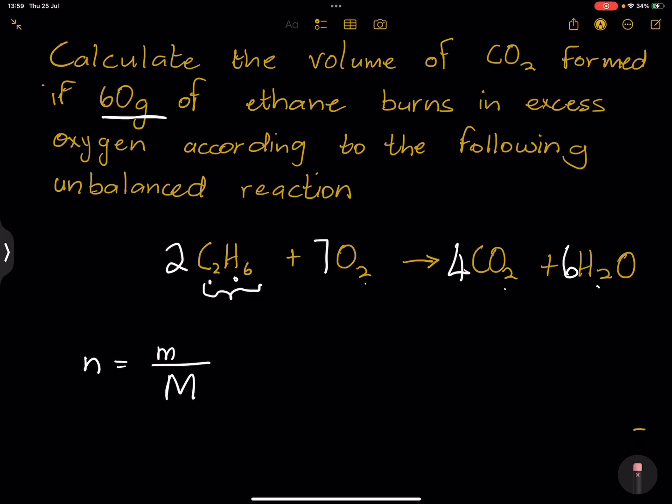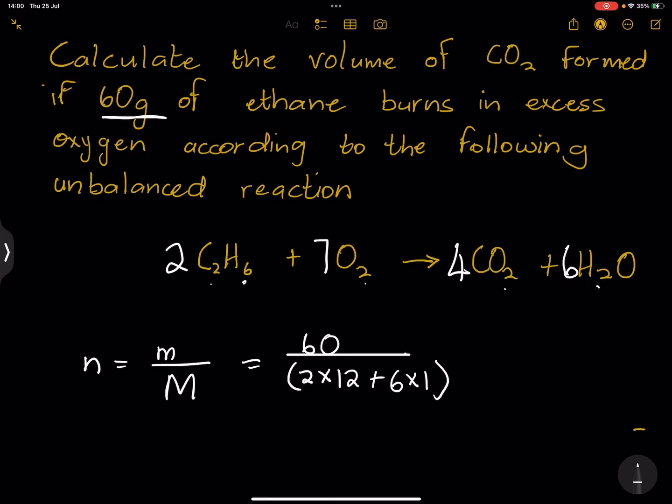So in this case, my mass is 60 grams, all right? And I'm going to now calculate the molar mass of ethane. That's 2 carbon atoms, so 2 multiplied by the relative atomic mass of carbon, which is 12, plus, in this case, I've got 6 hydrogens, so 6 multiplied by the relative atomic mass of hydrogen, which is 1.